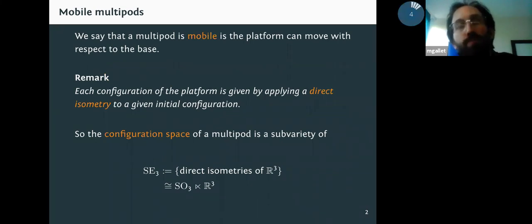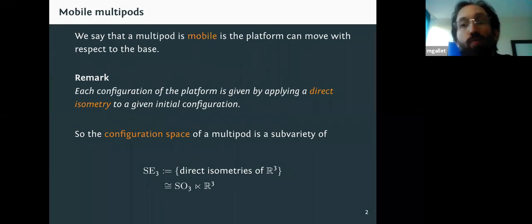So what we would like to study is the notion of mobility for multipods, and not just for planar mechanisms.